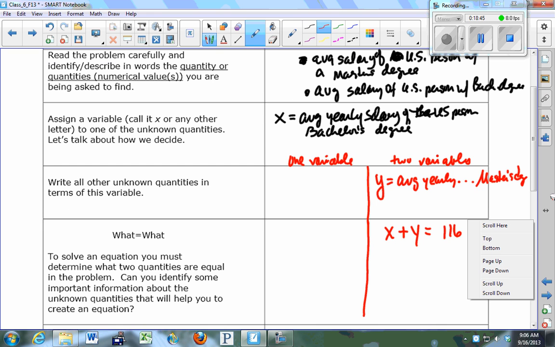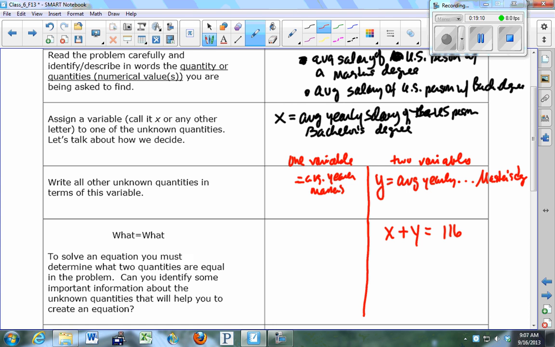How do I represent the other unknown variable, which is the average yearly salary when you have a master's degree? What is it? How do I represent it? I know it's going to be twice X, but what do I do with that 49,000? Where does it go? Yeah, but we still got to figure it out to solve it.